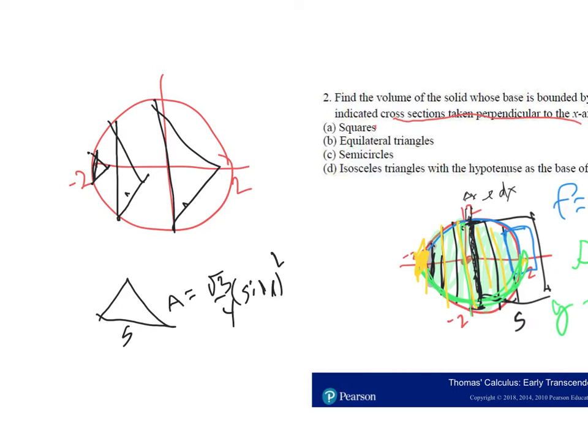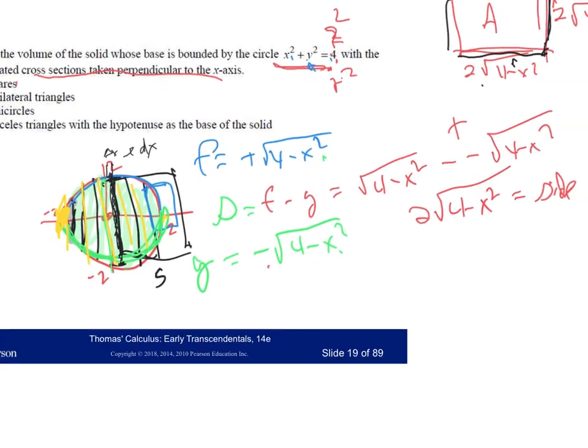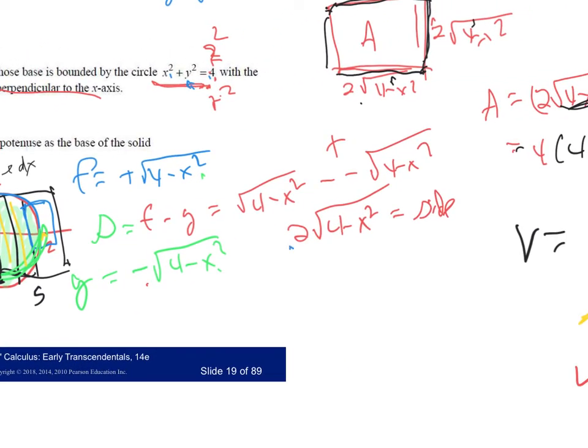And where does the side come from? I'm glad you asked. It came from the top function minus the bottom function. And I wonder what that is. My side was, let me go back and look over here. What was my side? It was 2 times the square root of 4 minus x squared.